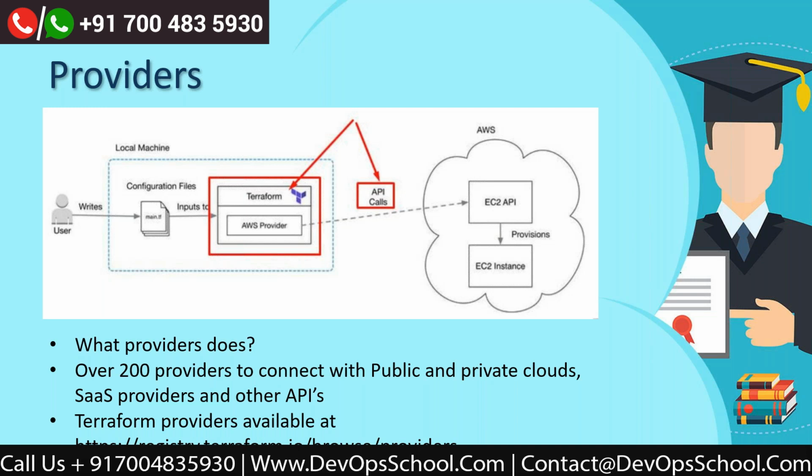And as I told you already, there are over 200 providers available, ready to use, for different kinds of resources, like VMware, Azure, AWS, Google Cloud, GitHub, etc. And you can create your own providers as well if a specific provider is not provided by Terraform.